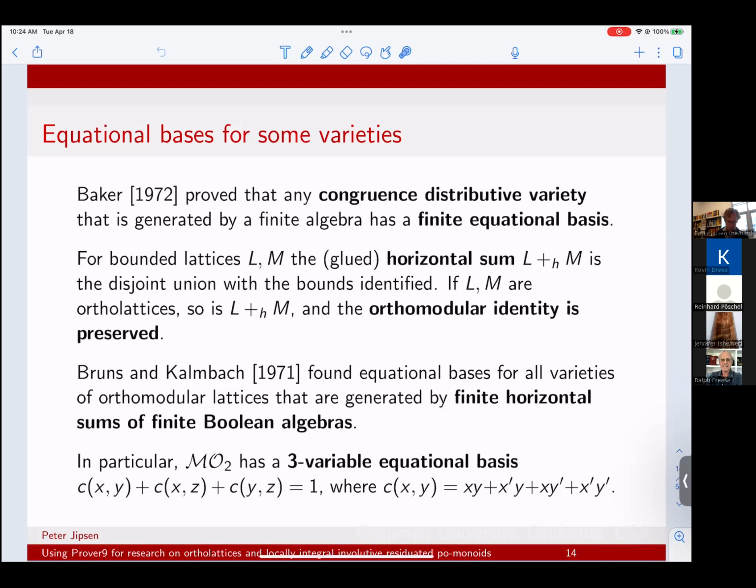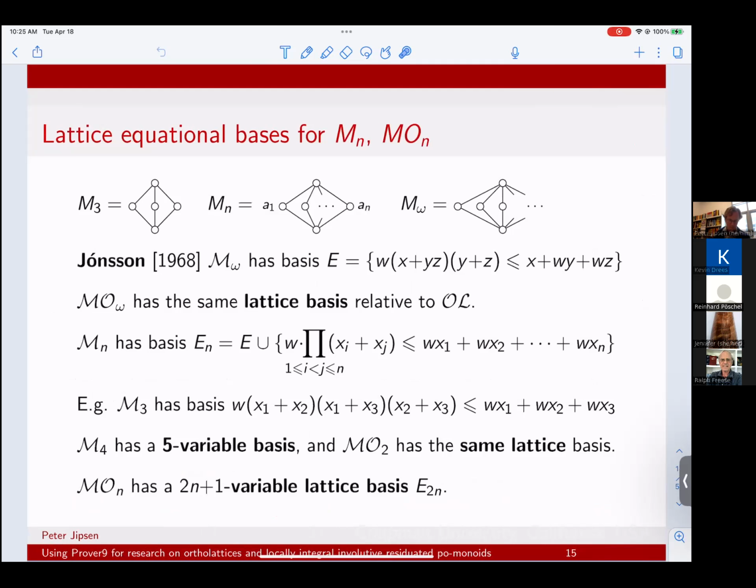You can see it's not worth writing it out in gory detail, but if you use the term C(x,y), which is what we say when x and y commute in ortholattices, they have this property that the term is equal to 1. But in order to do MO2, you have to take the join of 3 copies of this term. That's a basis.